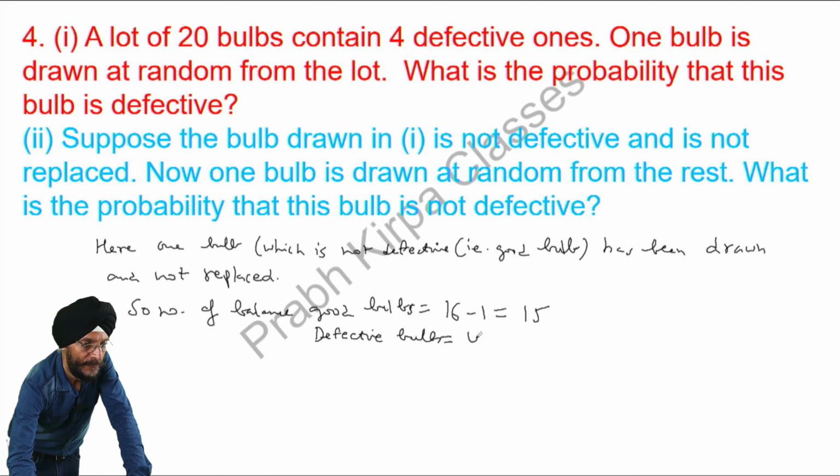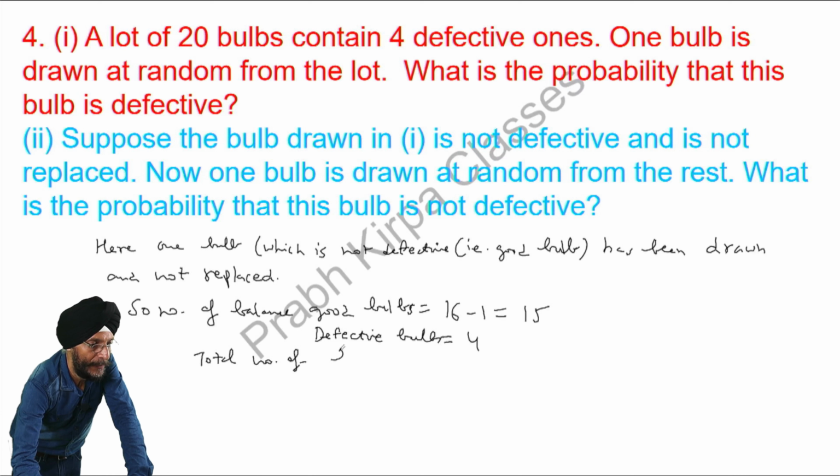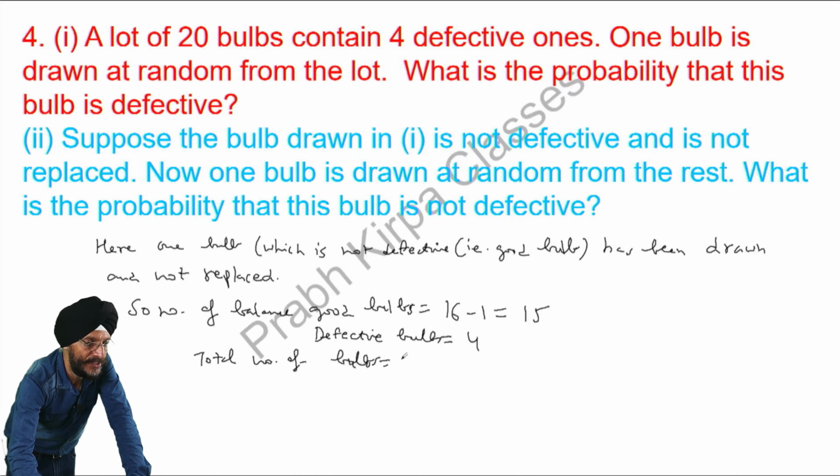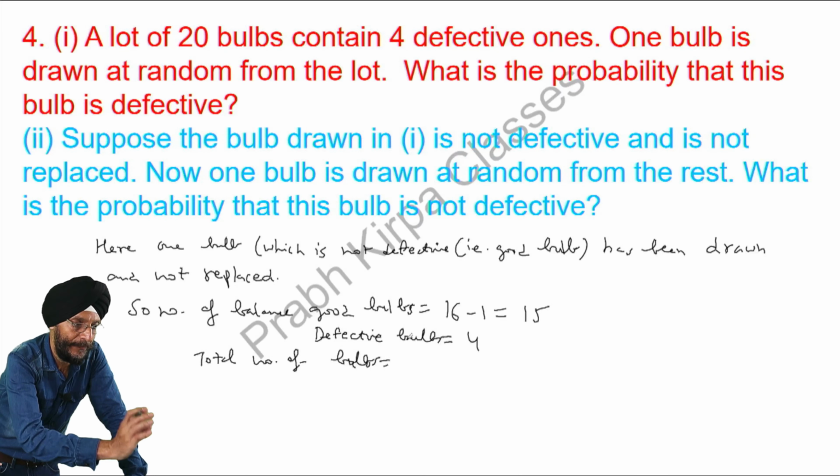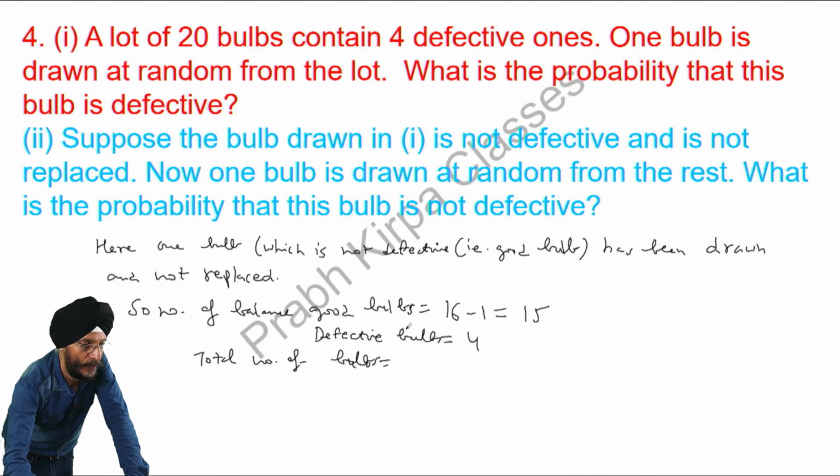Defective bulbs are 4. So now the total number of bulbs, or the total number of outcomes in this position when one bulb which is good has been drawn and not replaced are 15 plus 4, it is 19.